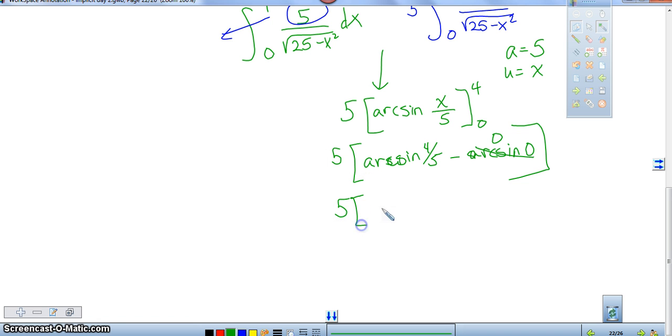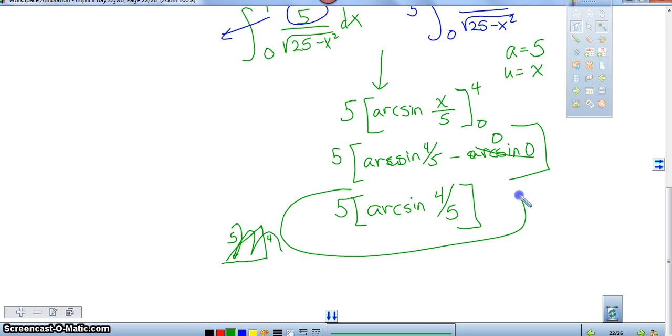Whatever that number is, we could put right here and multiply it by 5, and we'll get our answer. You can draw a 4, 5 triangle, or just put that in your calculator, and that'll give you that value, or leave it like that. All right.